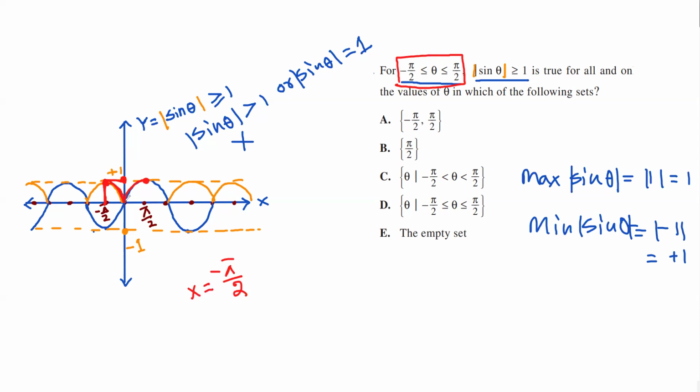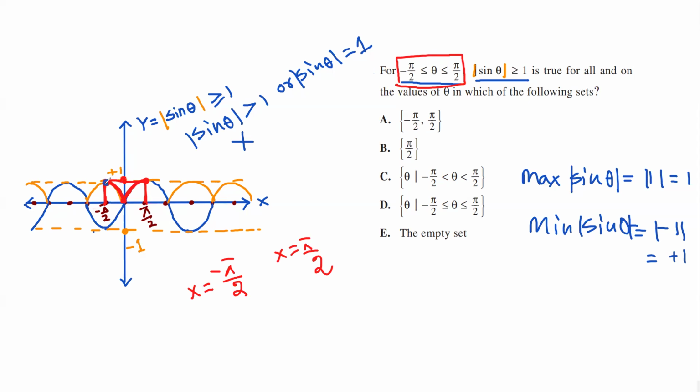And in this curve, you see it goes to +1, then 0, then again goes to +1. So the next +1 value you'll get at pi over 2, right? See, at x equals pi over 2, you'll get the sine theta value as 1, right? So in this region, negative pi over 2 to pi over 2, we are getting just two times absolute value of sine theta is 1.